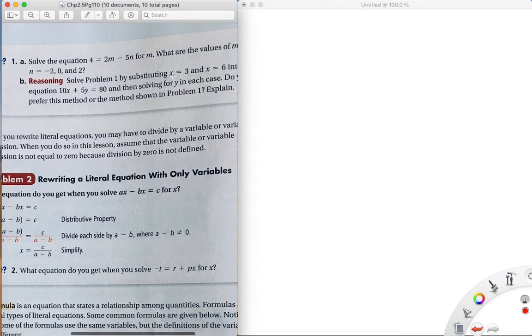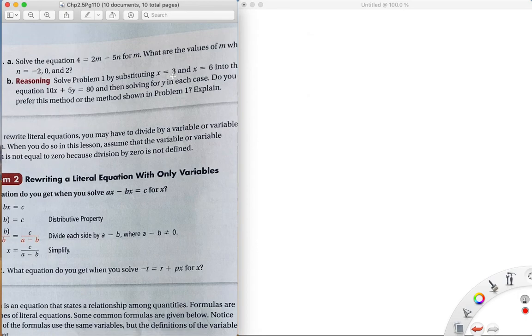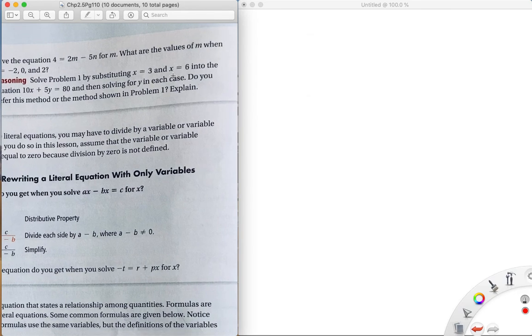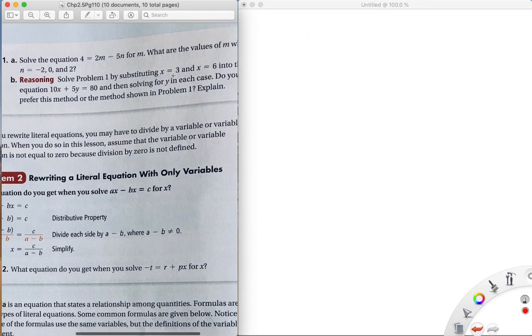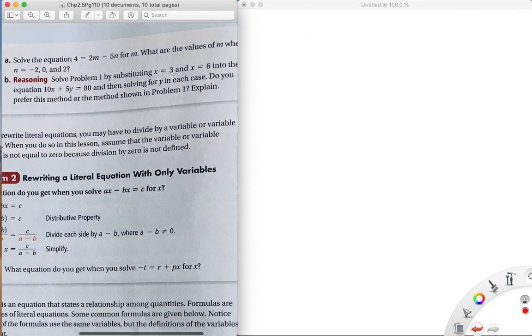So when we do a problem with this, we have 4 equals 2m minus 5n, and they want to find what values of m there are when n is negative 2, 0, and 2.